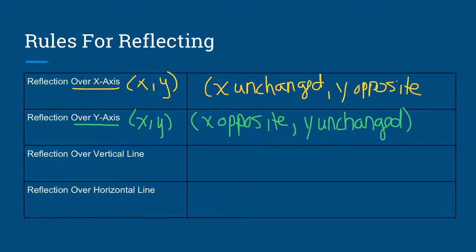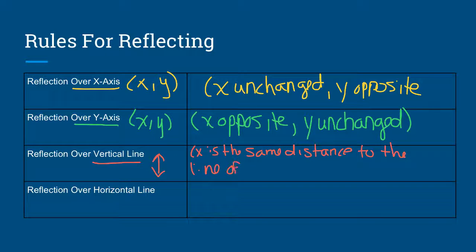Now things get a little dicier when we're talking about reflecting over just a generic vertical line. And remember, vertical is this way. It would be like your y-axis, but not that specific line. And so in this one, we're going to write that your x-coordinate is the same distance to the line of reflection but on the other side.